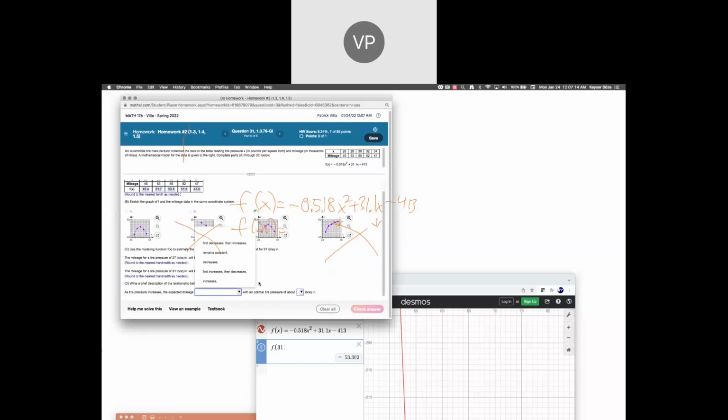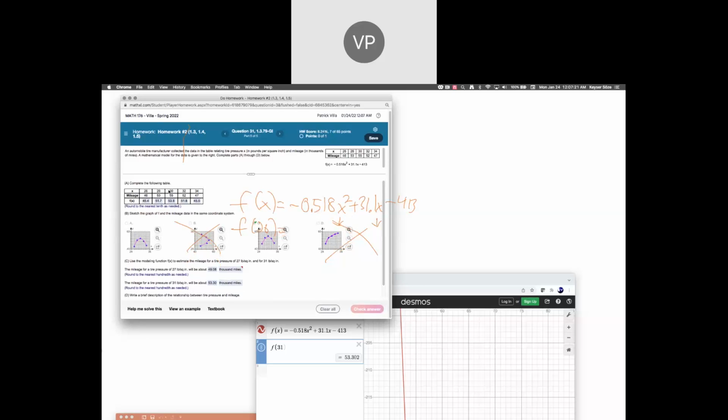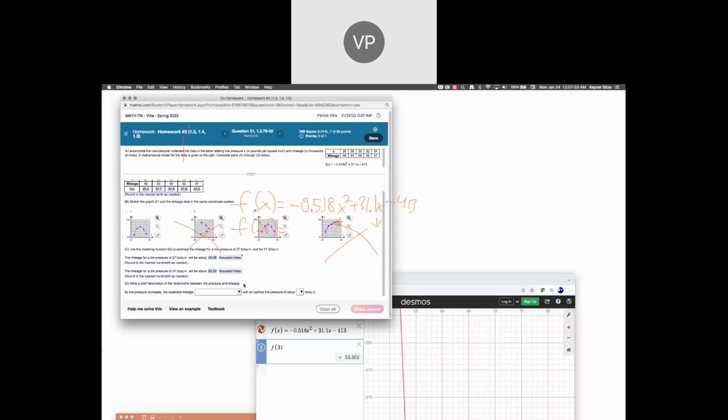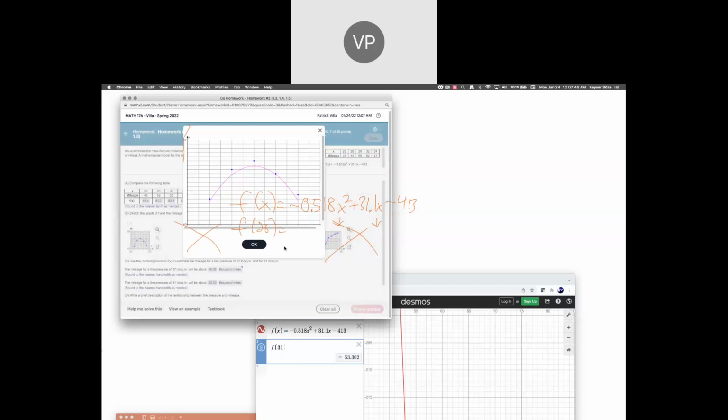Okay, and the last part here, write a brief description of the relationship between tire pressure and mileage. So what happens as the tire pressure goes up? Well, we already saw this here. It looks like mileage goes up, then it goes down. There's like that perfect PSI that you need to get to. So the expected mileage first increases, then decreases, is what it looks like, with an optimal tire pressure of about, go to my graph that we picked up here.